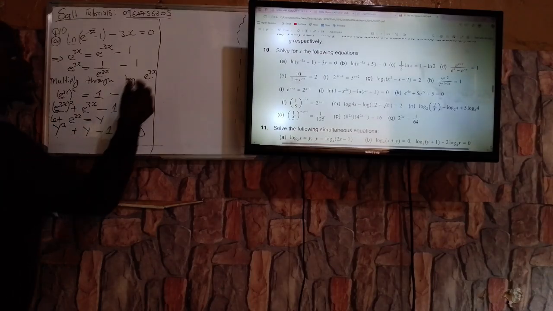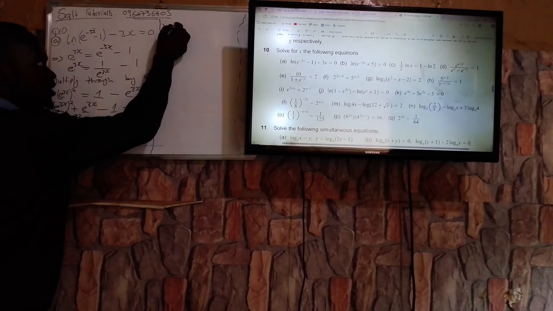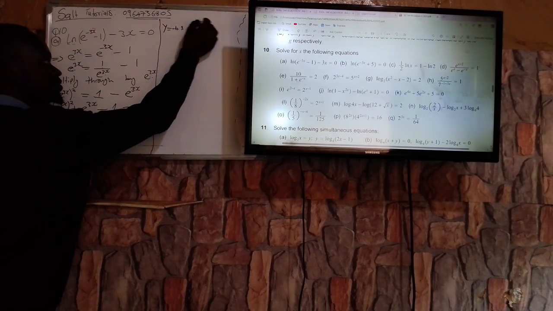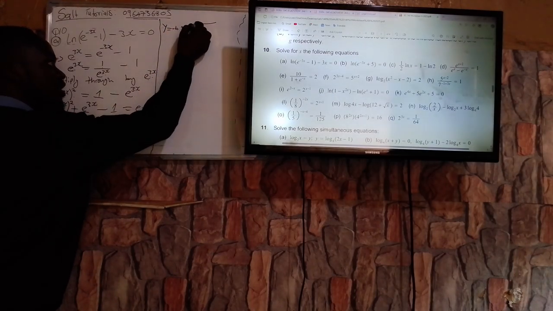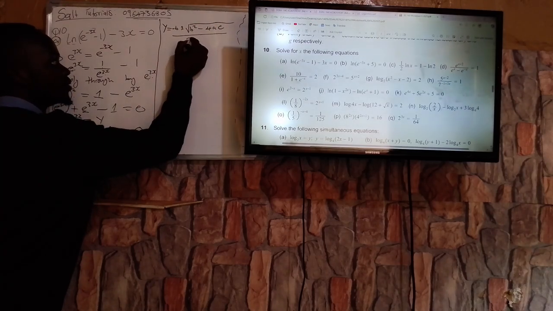The formula method says that y is equal to negative b, plus or minus the square root of b squared minus 4ac, over 2a.